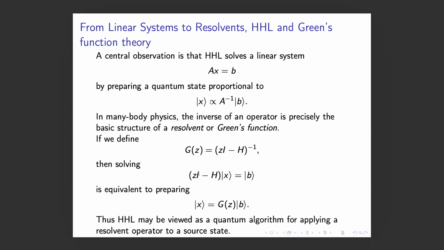But you can rephrase Schrödinger's problem in terms of a Green's function. So you see the link. If you think of this equation here and you make the link with Green's functions, then the HHL could actually be viewed as an algorithm for applying a resolvent operator to a source state. So a Green's function is in principle, mathematically, a matrix inversion problem.